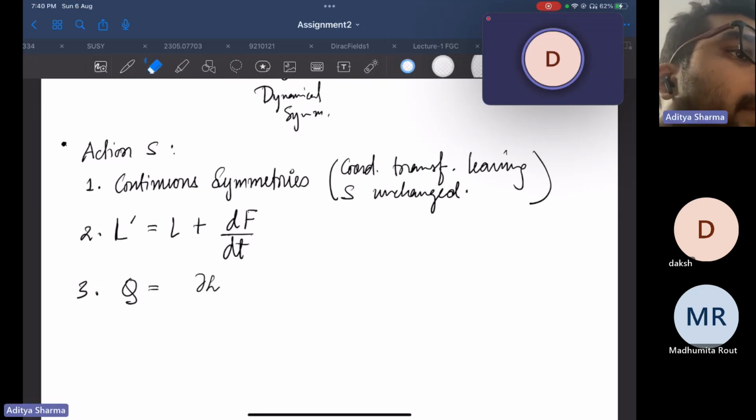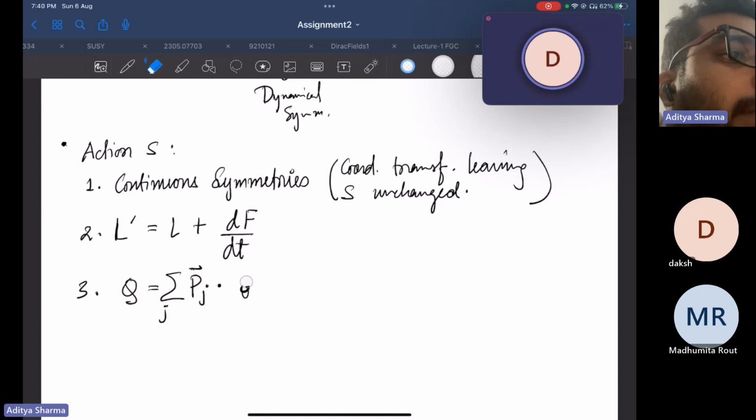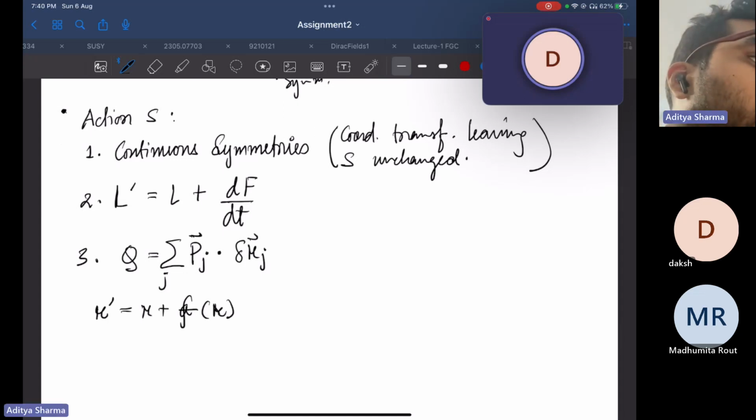I'll directly write it, which is the sum over j of p_j, if there are j independent particles, times the generator of the transformation. The generator of the transformation is something which I am writing as delta R_j. What this means is that for the transformation, R prime is equal to R plus something, any f of r, delta R is with an epsilon parameter.